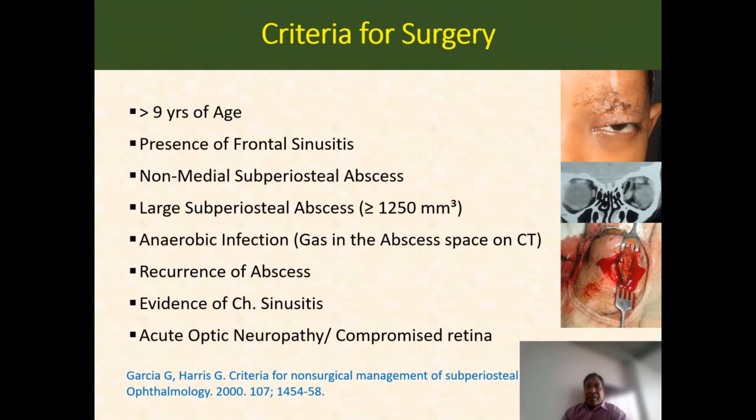Criteria for surgical drainage include patients older than 9 years of age, presence of frontal sinusitis, non-medial subperiosteal abscess, large subperiosteal abscess, whether medial or non-medial, anaerobic infection, recurrence of abscess, evidence of chronic sinusitis, and abscess associated with acute optic neuropathy or compromised retina.